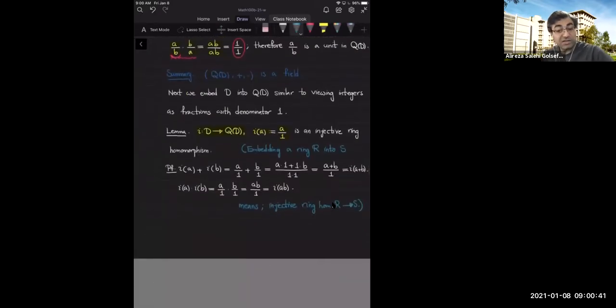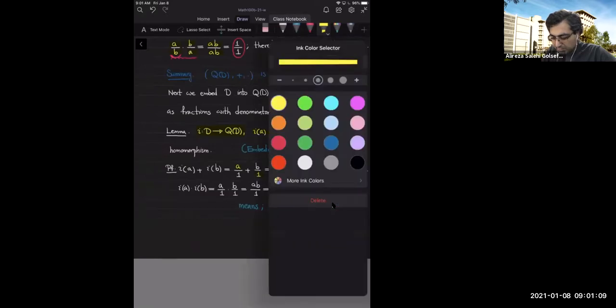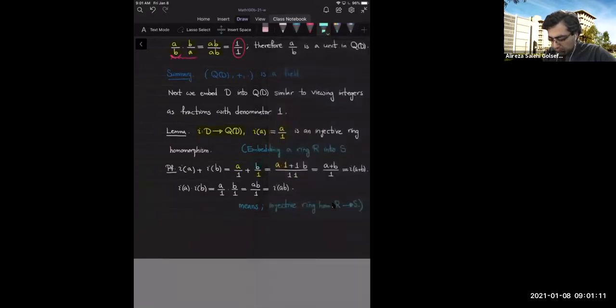Okay, so let's check why i is indeed an injective ring homomorphism. That means I have to check why it preserves addition, why it preserves multiplication, and why it is injective. Let's start with addition. i(a) plus i(b) is a over 1 plus b over 1. By definition of adding two fractions, it is a times the denominator of the other, plus b times the denominator of the other, over the product of the denominators.